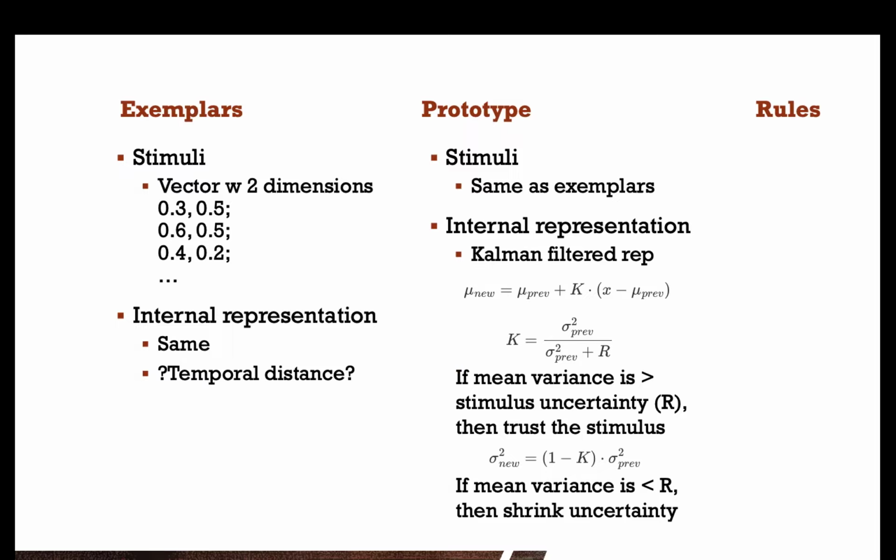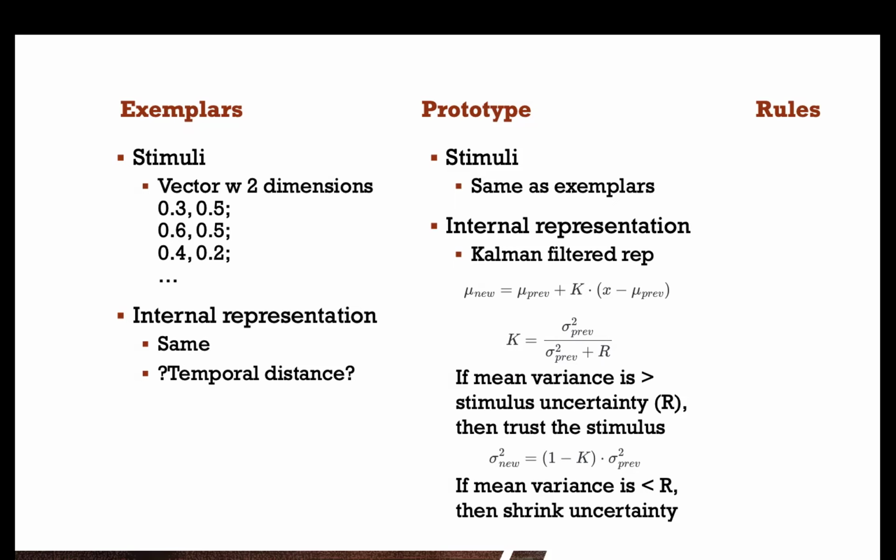After we get feedback, then we want to update the sigma squared. And we do it so that 1 minus k is adjusting our squared variance.